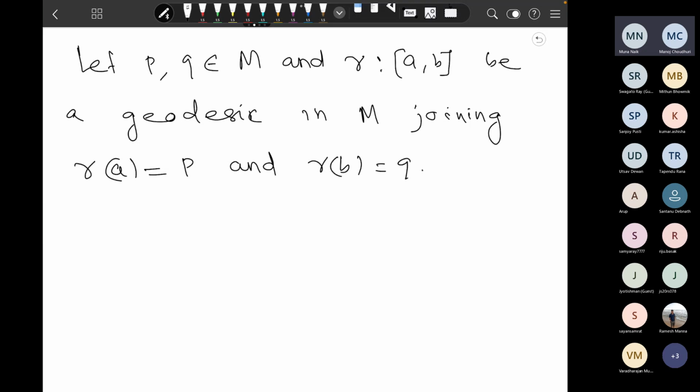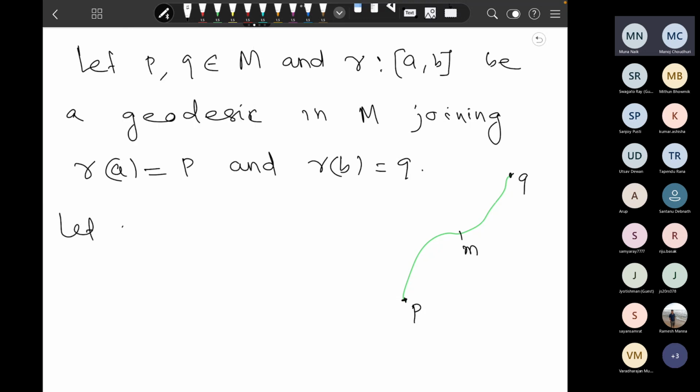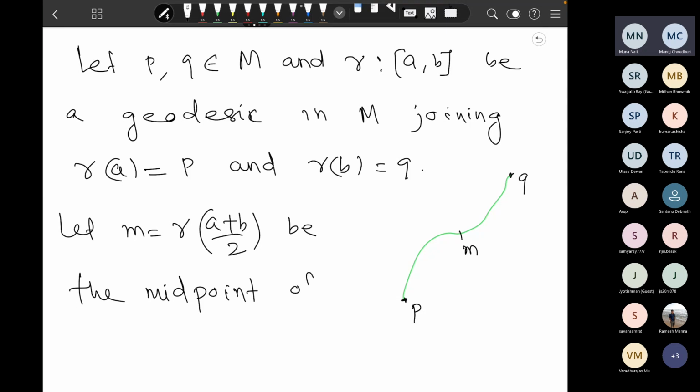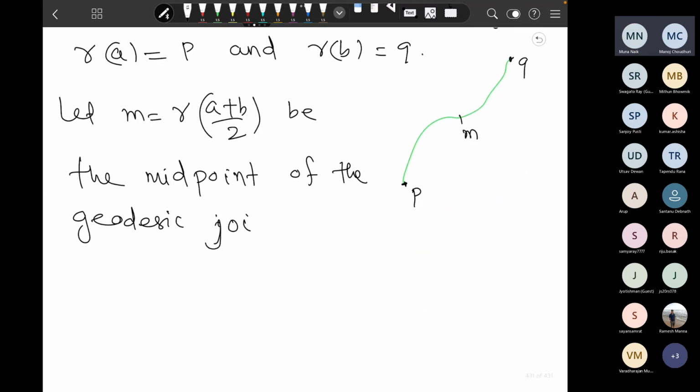So this is my picture. This is my P, this is my Q, and let M be the midpoint of this geodesic gamma. So let M equal gamma of (a+b)/2, the midpoint of the geodesic gamma.